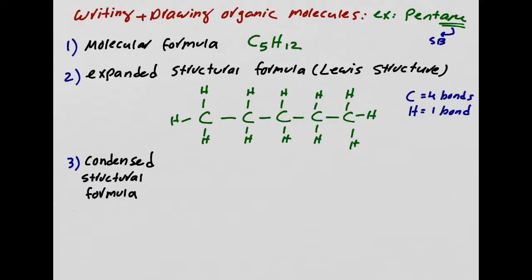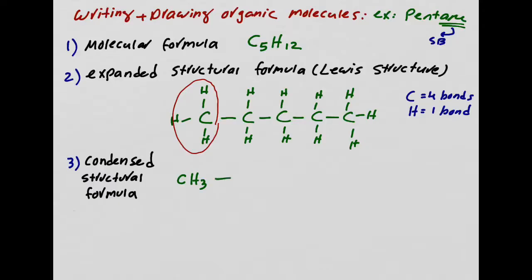Now, I need you to pay attention to this. Here's the condensed structure. You see over here, I have a carbon and 3 hydrogen. Here, I have a carbon attached to 3 hydrogen. So what I'm going to write is CH3.